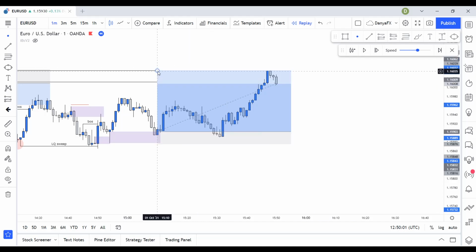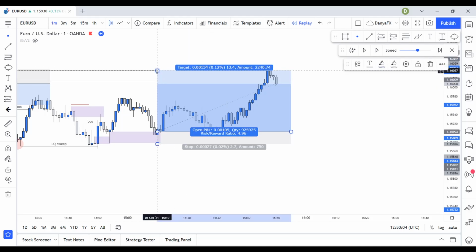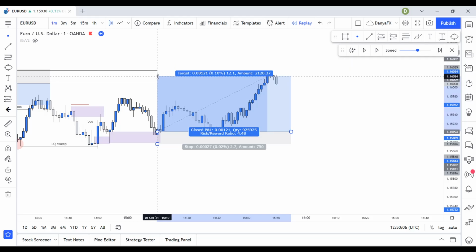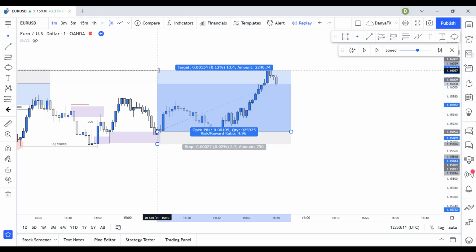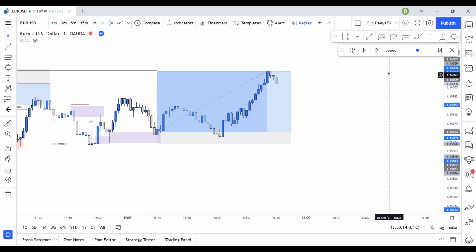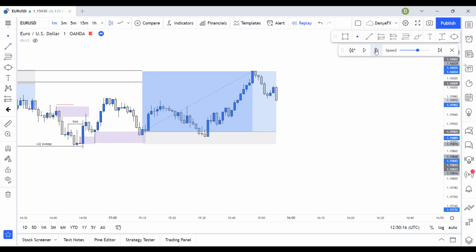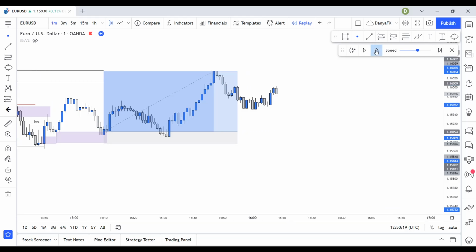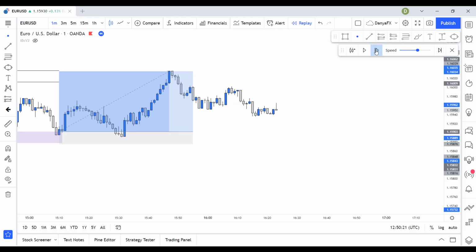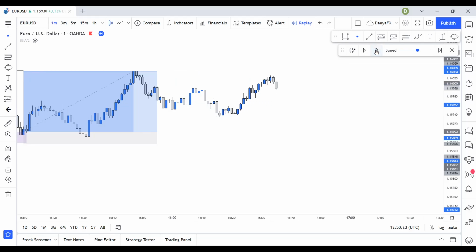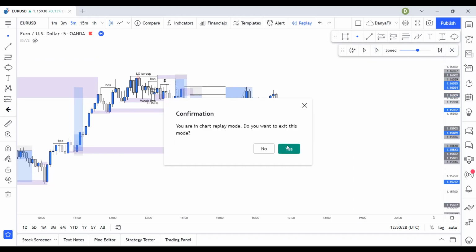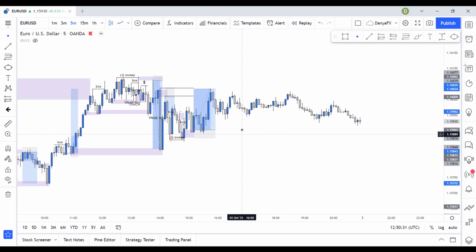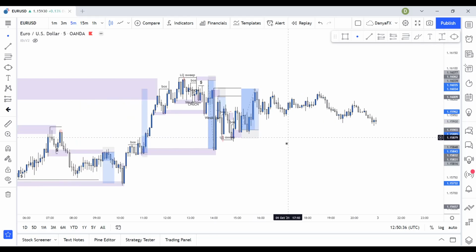And just for the sake of this, we can manually exit on 4RR, not a big deal. And then we can see the price started some kind of ranging. At this point I was not in front of charts, so I don't really know what happens next, but we're just ranging right now.